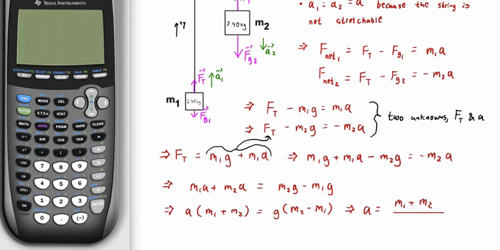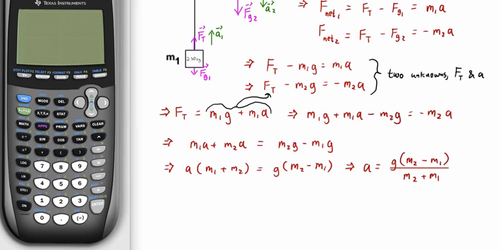Whoops, not quite. I still have, in the numerator, g times (M2 minus M1), and then all divided by M1 plus M2. I'll even write M2 plus M1 to keep the same order. So symbolically, that is our answer, but we'll go ahead and plug in the values we were given.